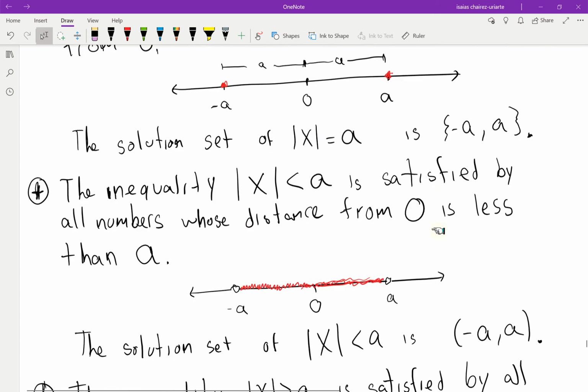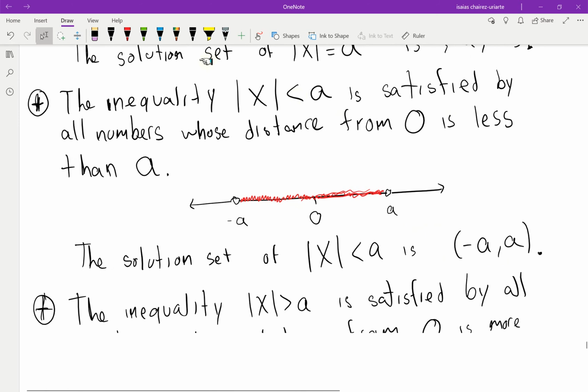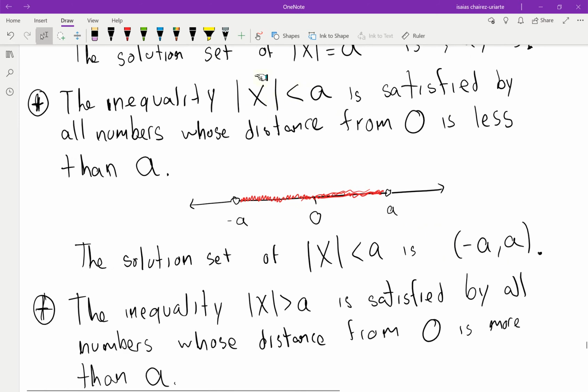Now this inequality, absolute value of x is less than A, is satisfied by all of the numbers whose distance from 0 is less than A. I think this picture here kind of shows what the solutions look like. It's everything that's less than A away from 0.